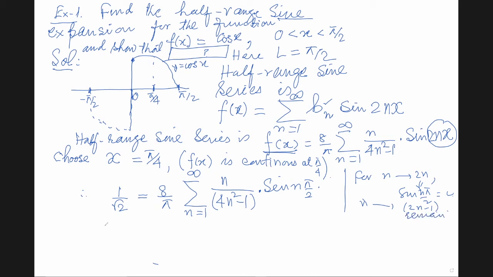So what will you have here? Pi over 8 root 2 equal to. Only odd means what? 2n minus 1 over. And what will be this?